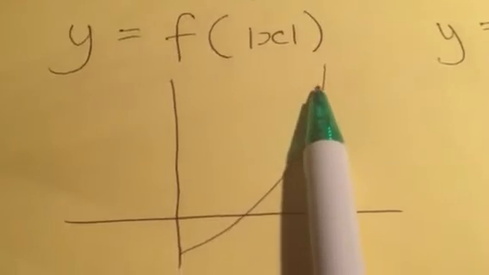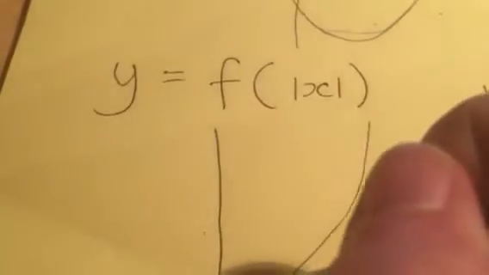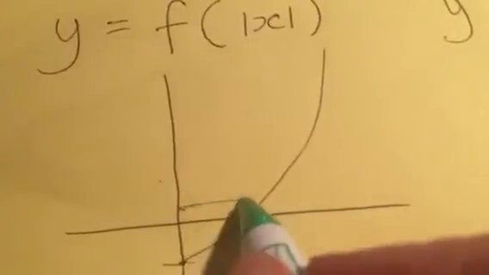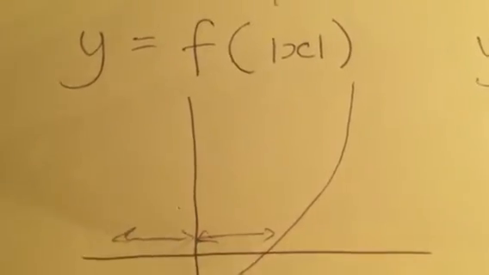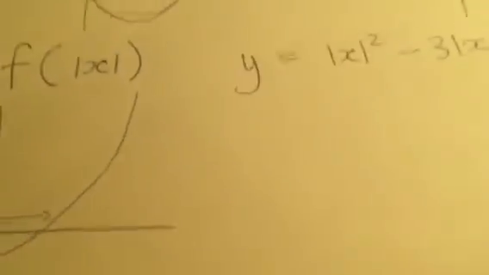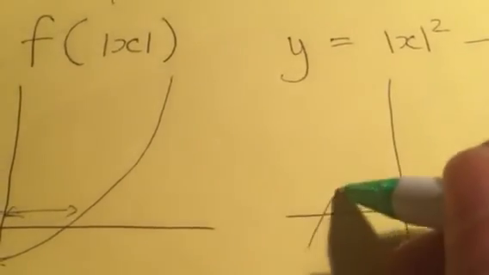And then what I do is I reflect this bit in the y-axis. So I reflect it, so this will be the same distance as that. So I reflect it, and it looks like that. If you do this on a cubic graph, your cubic graph might be something like that.